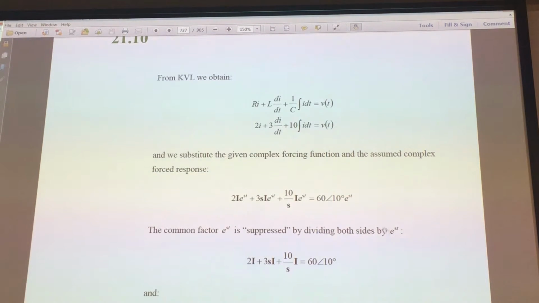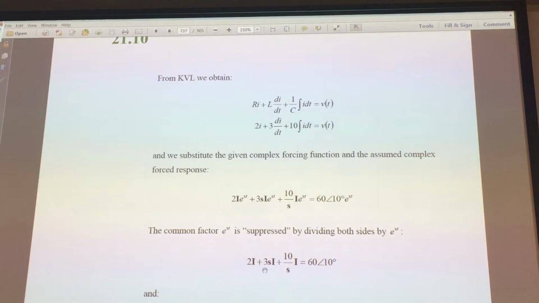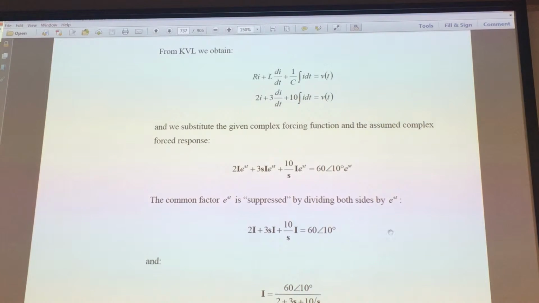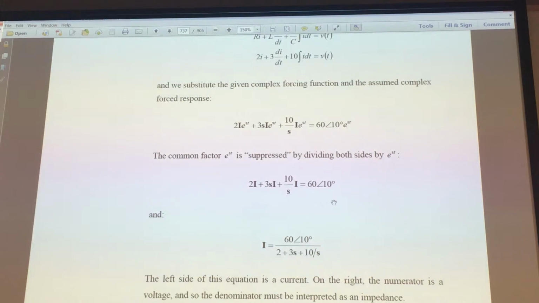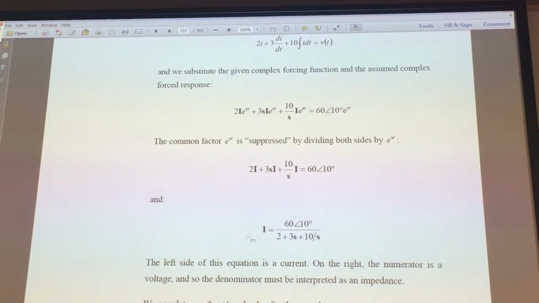Now we can divide by the common factor, e^(st), and we have a simple phasor expression. So all we do is just take I outside and divide by whatever is in the brackets. Okay, so we found a phasor expression for the current.